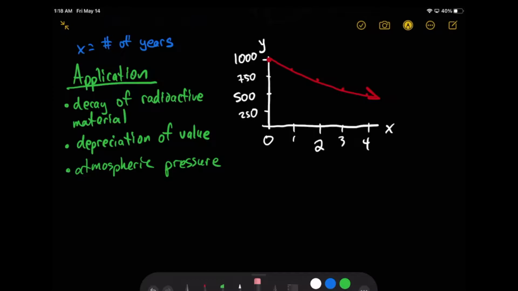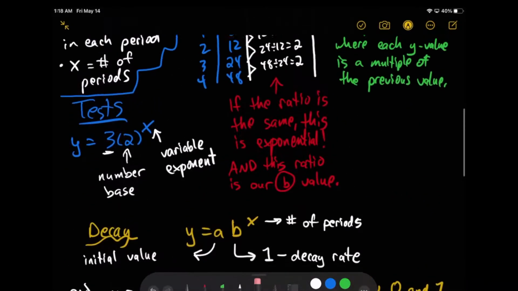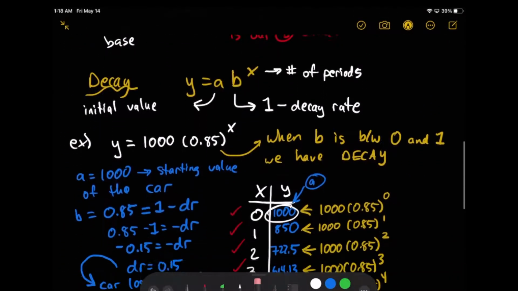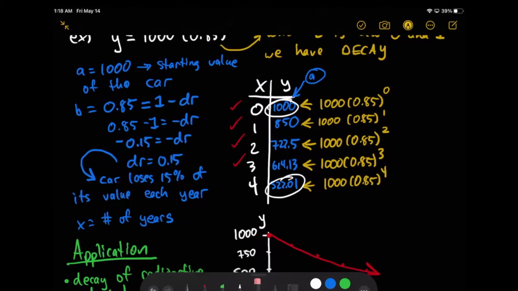Overall, hopefully that gives you a general impression of how we work with exponential decay. Just like before, in each case, the key ingredient is that there's a common ratio. So if I'm looking at my y values, each time I find the next y value, I'm multiplying by some number. And in this case, that number is less than 1.